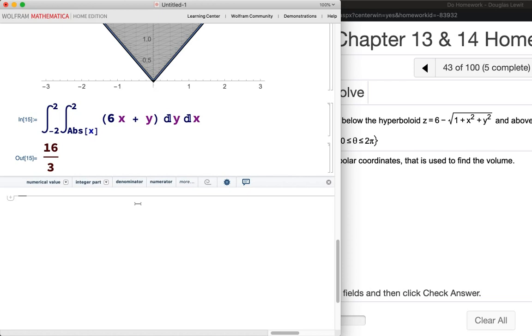So here we have to remember that r squared is equal to x squared plus y squared if we're converting from Cartesian coordinates to polar coordinates, okay?